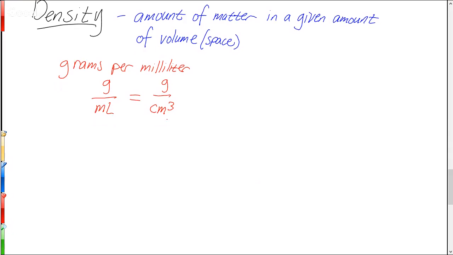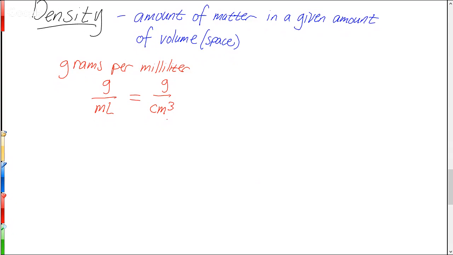This little cube is exactly 1 centimeter on each side. The volume of a cube is one side multiplied by itself 3 times, so you've got a cubic centimeter. And it turns out that that's the exact same volume as a milliliter.